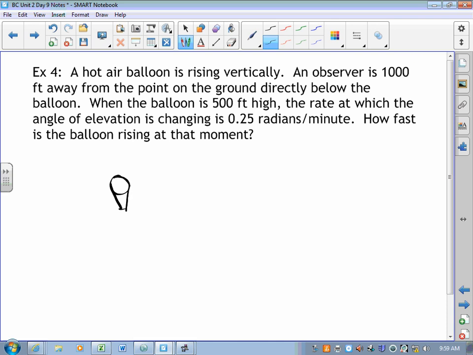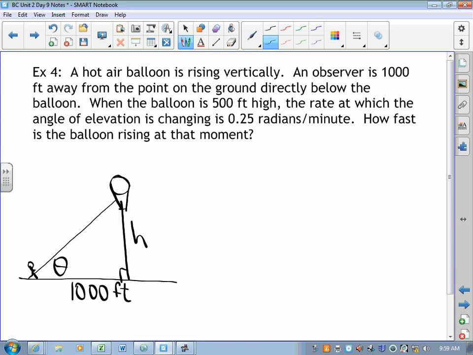You've got your hot air balloon. It's above ground. You've got a guy on the ground looking up at the balloon. This is your angle of elevation. This height is changing. But this distance is always 1,000 feet, and it's always 1,000 feet because the balloon is always rising vertically.